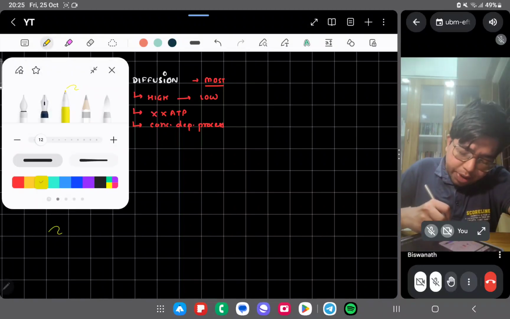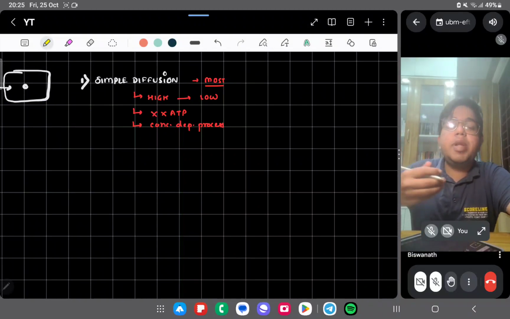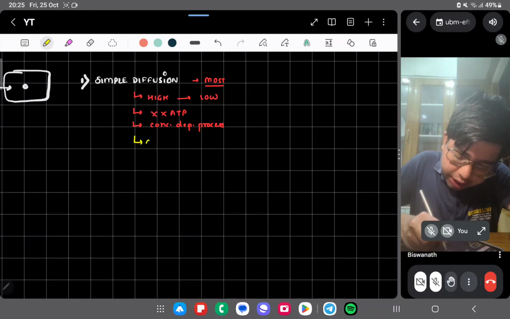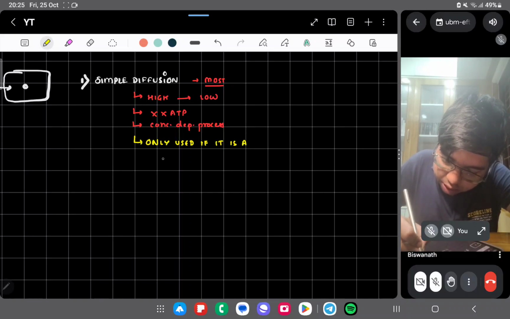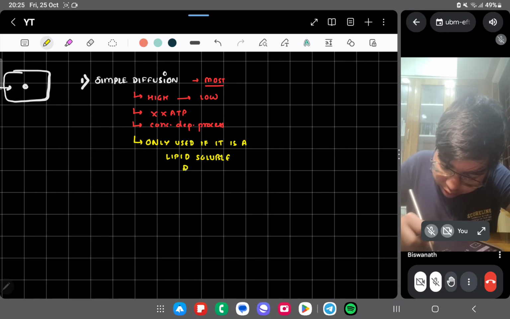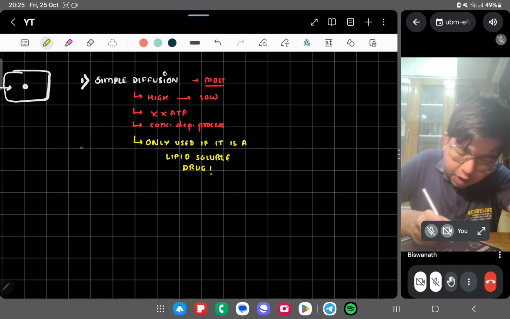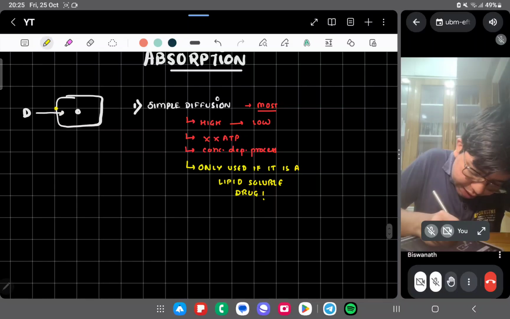Basically, this simple diffusion can be only used if the drug is a lipid soluble drug. Why? Because the cell membrane is composed of lipids.